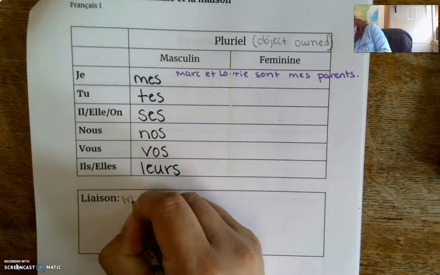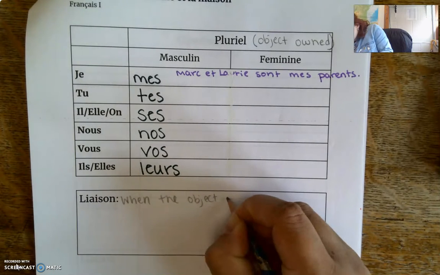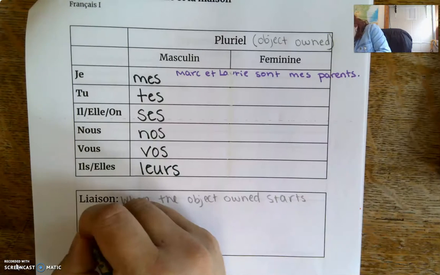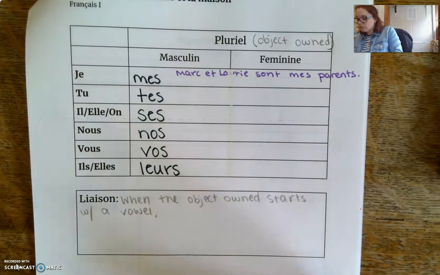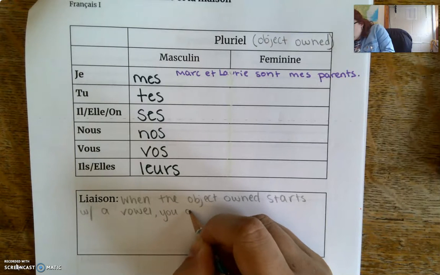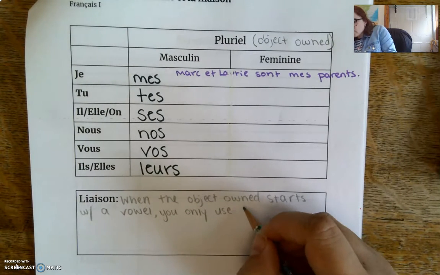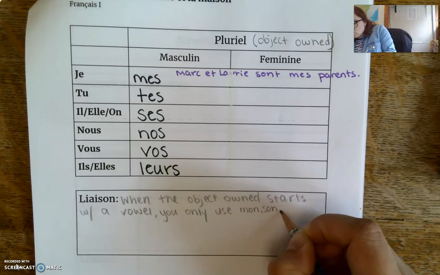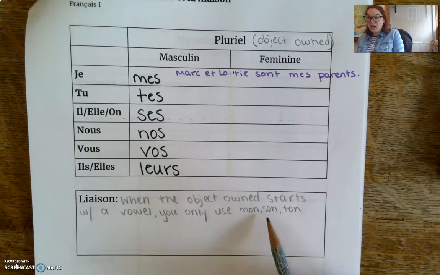So when the object owned starts with a vowel, you only use mon, son, ton. You would never use ma, sa, or ta.